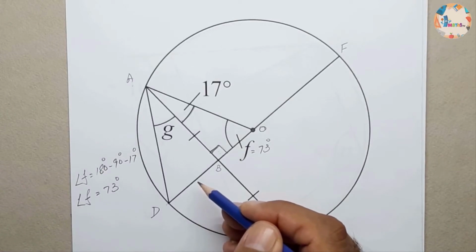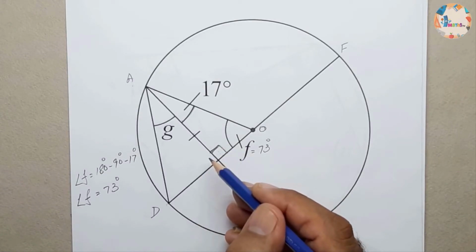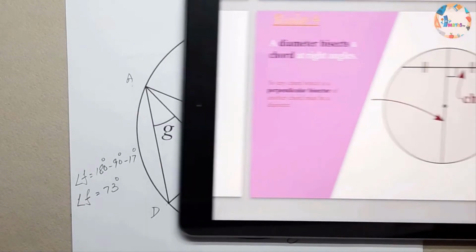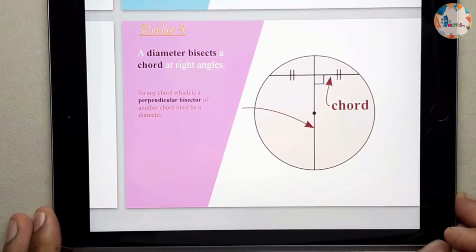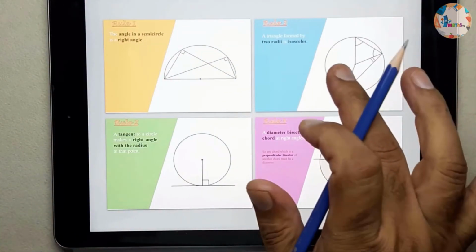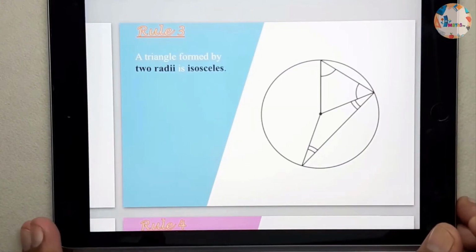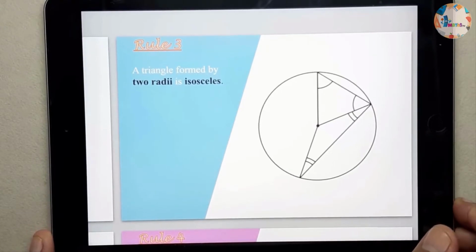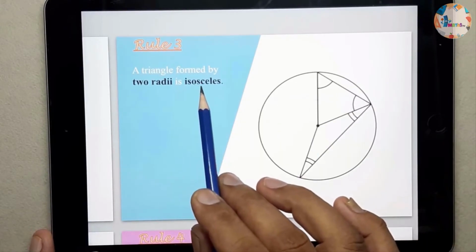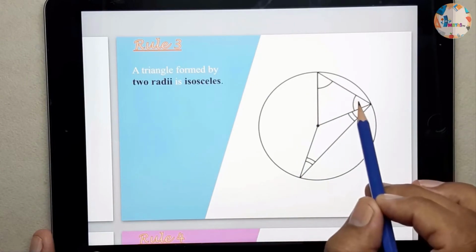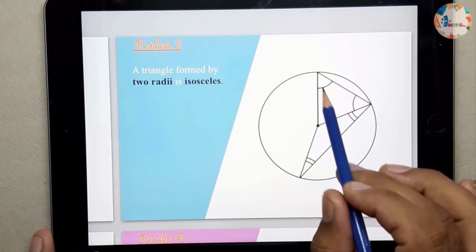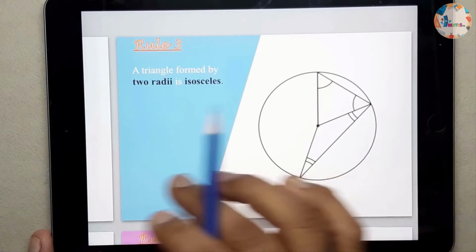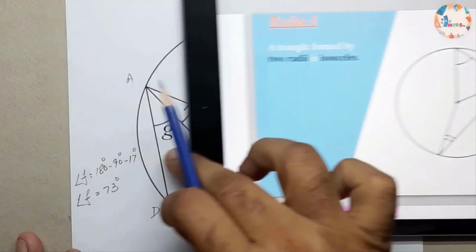We have another rule related to the radii of a circle, which says a triangle formed by two radii is an isosceles triangle. An isosceles triangle has two angles equal to each other. So this is radius, and these two angles will be equal to each other. So we can use this rule.